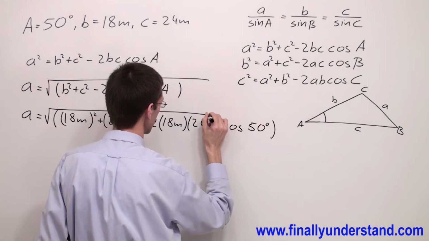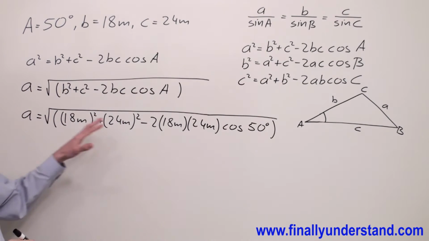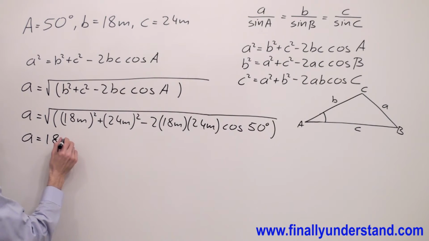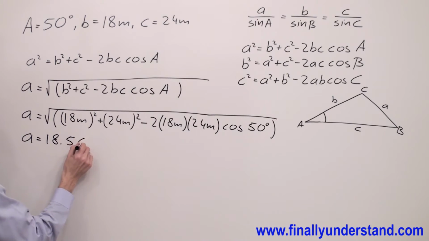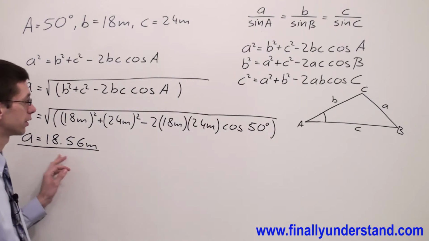Close parenthesis. Of course, you're supposed to plug in everything into the calculator and calculate everything in one shot. You're supposed to get a value of A, 18.56 meters. We found the opposite side to the given angle.